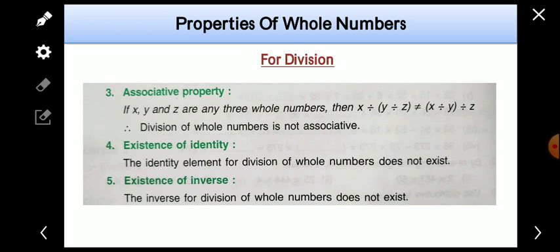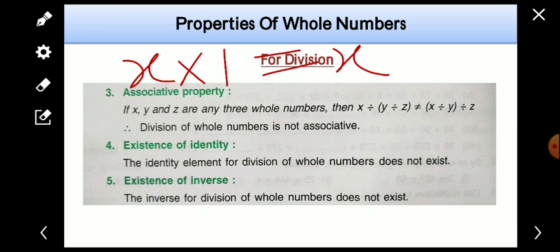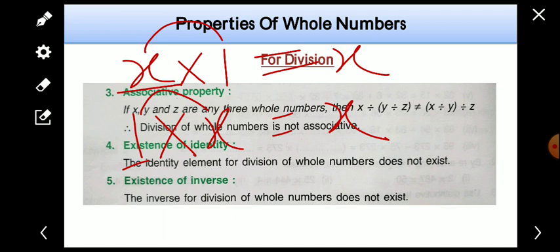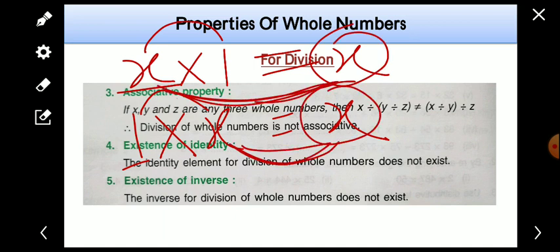For multiplication, like we had studied, if x is any whole number and we multiply it by 1, then we get x only. If 1 is multiplied by x, then also we get x only. In both cases we get x only. Means identity remains the same, so it is the multiplicative identity.